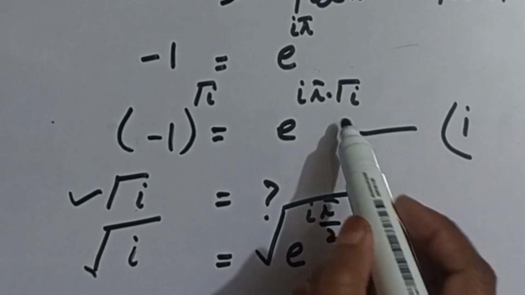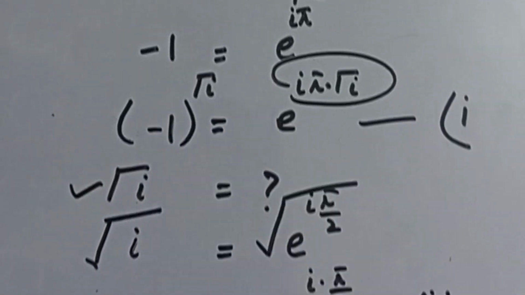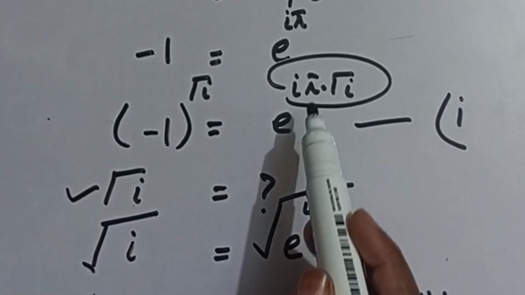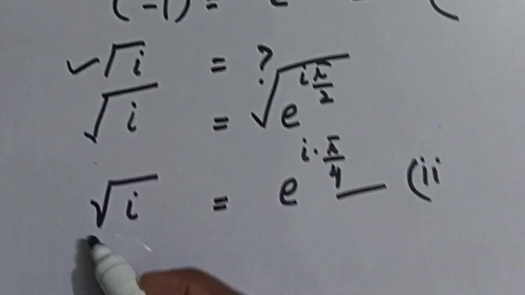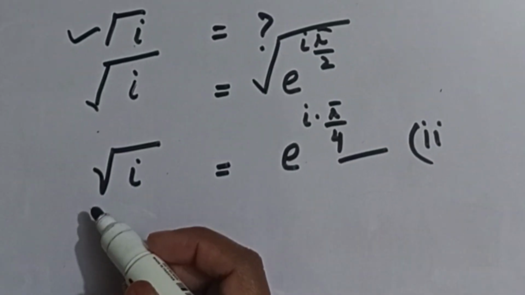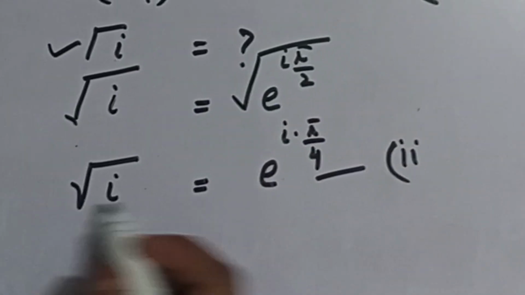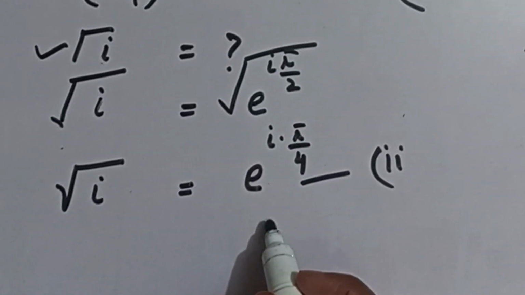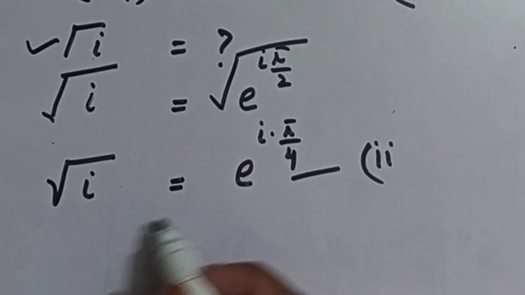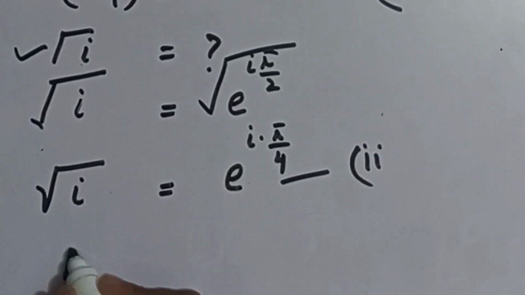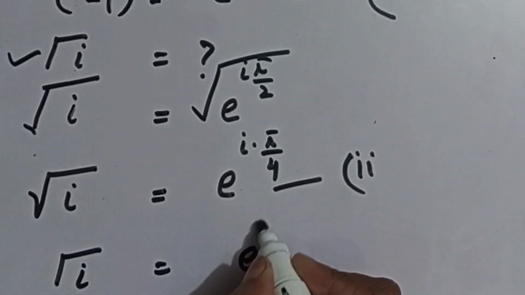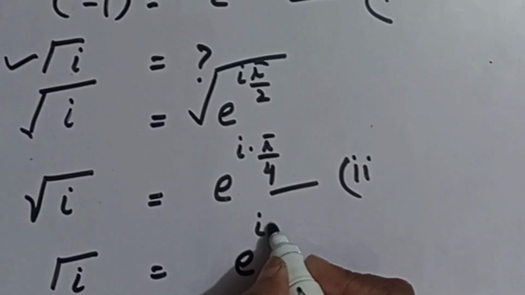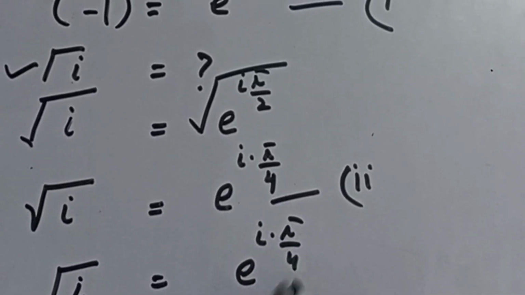We want to simplify this exponent part. In the exponent we have iota times pi, so in the next step we multiply equation 2 by iota times pi. We copy equation 2: square root iota is equal to e raised to the power iota multiplied by pi over 4.